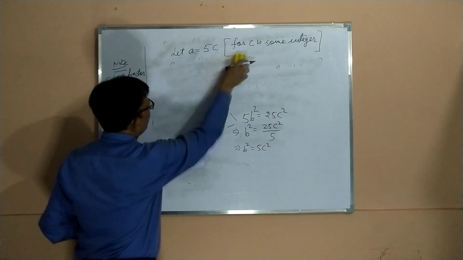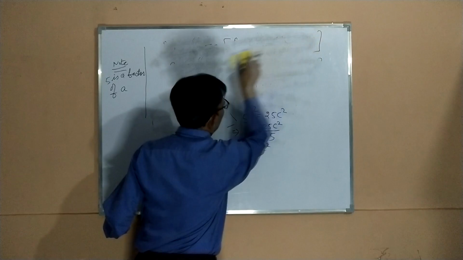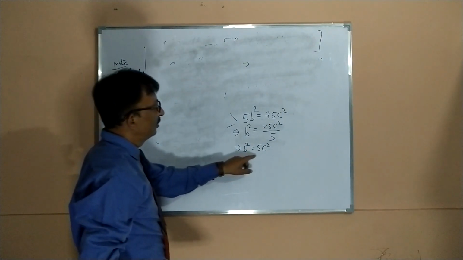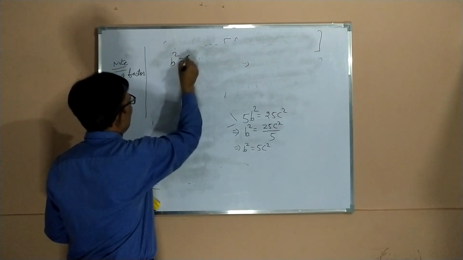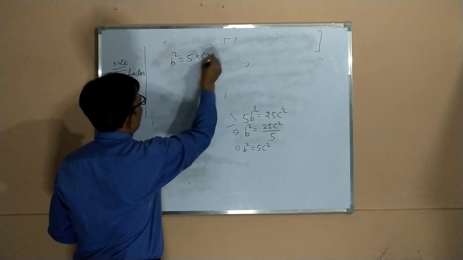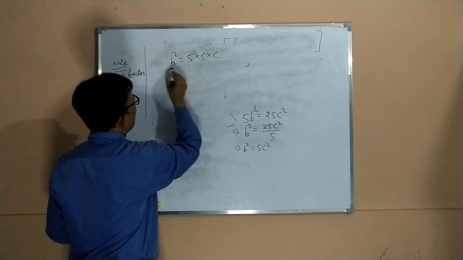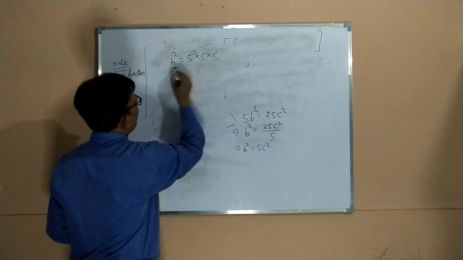What happened? b square is equal to 5c square means b square can be written as 5 into c. c divides b square. This 5 divides b square.